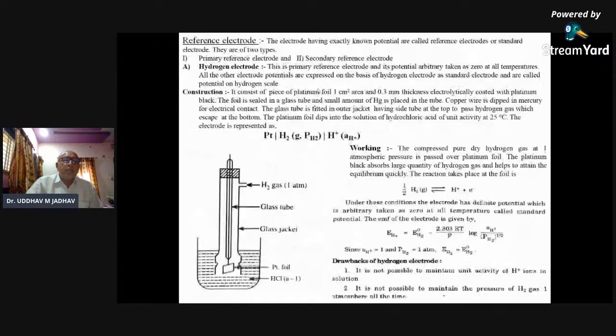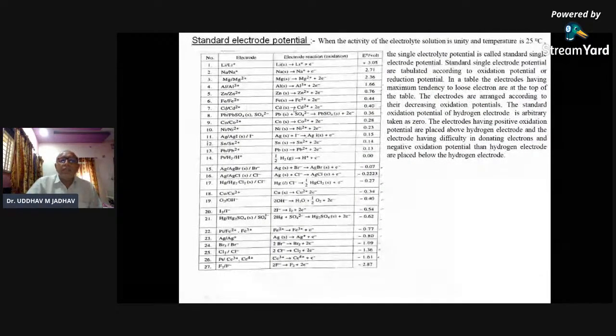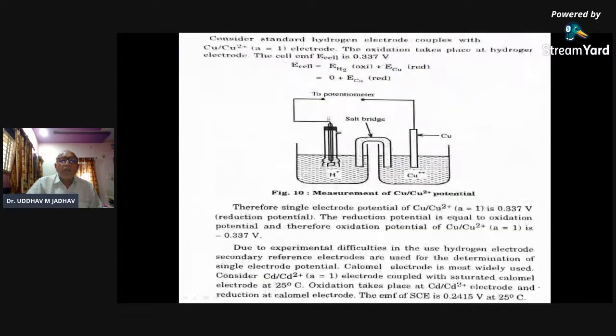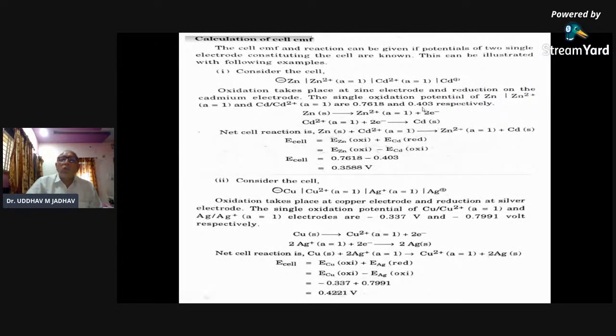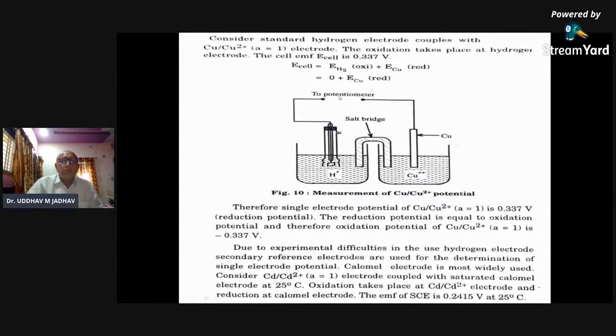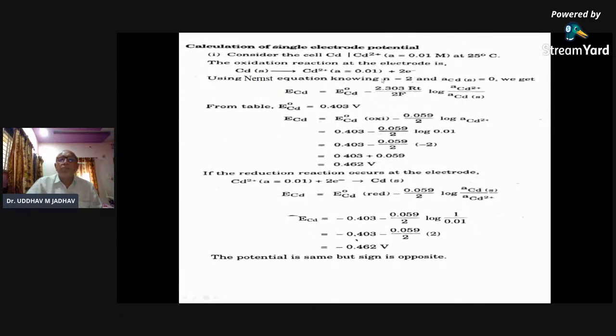If you take the standard electrode potential of Cd2+, then it is found to be 0.403. So for this Cd2+ the value is 0.403 volt from the table.